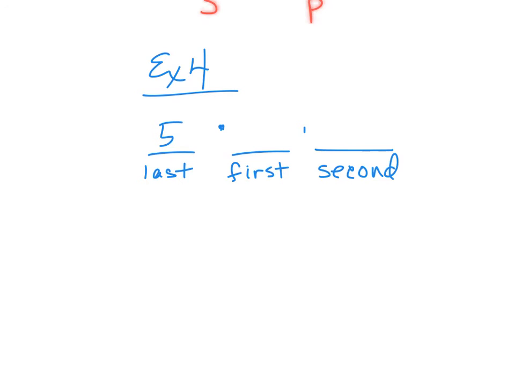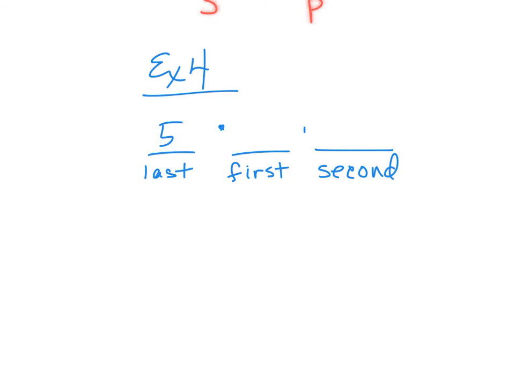Class, you should know by now that normally there's 9 ways the first digit can occur because it can't be 0. But we also can't repeat digits here. So whatever the last digit is, the first digit can't be that.